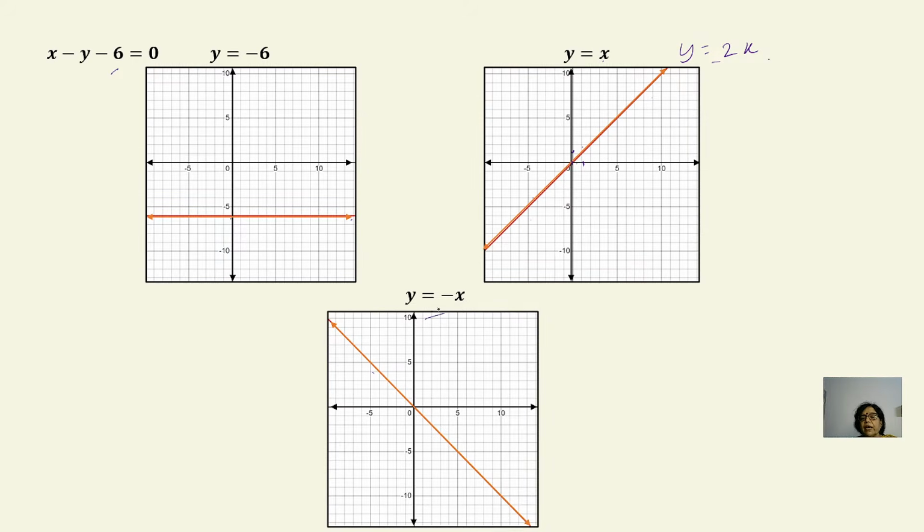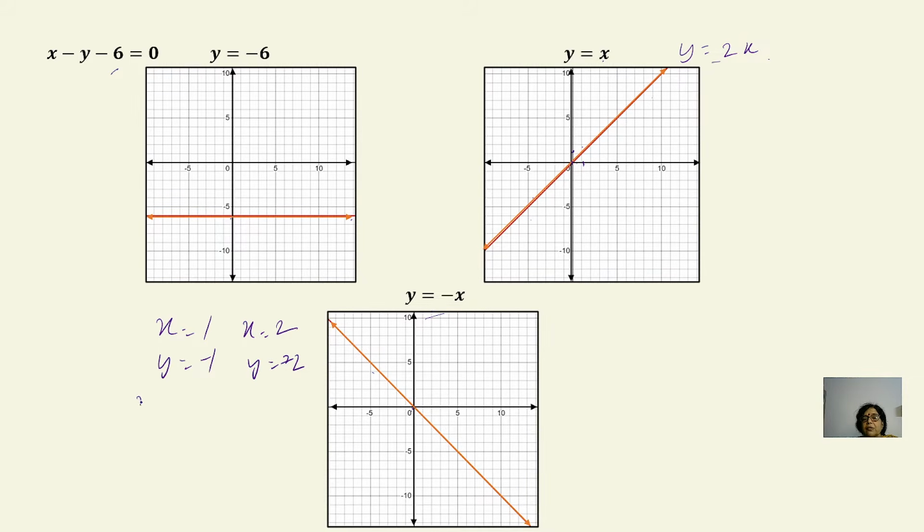Now supposing y is negative x. Again the graph line will pass through the origin. But here we notice that if x is equal to 1, y will be negative 1. If x is equal to 2, y will be negative 2. So this line will pass through the fourth quadrant.